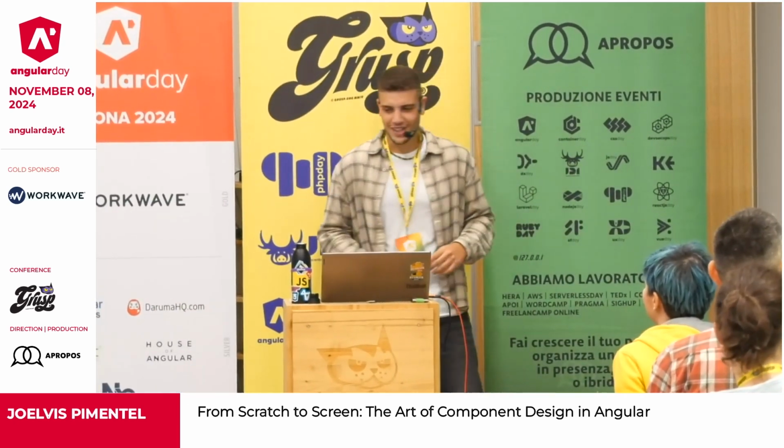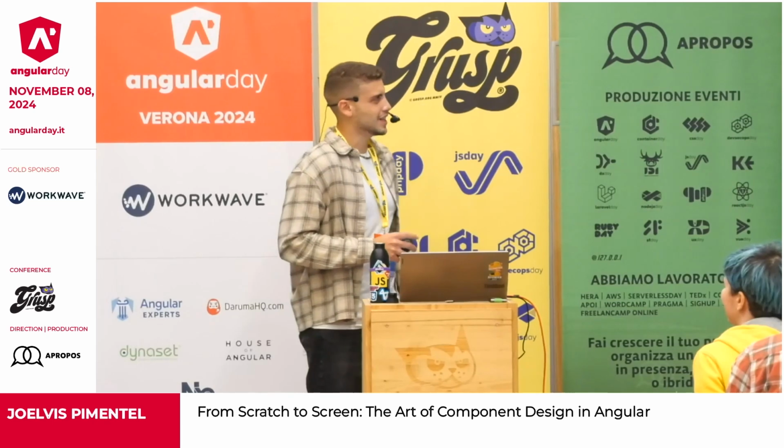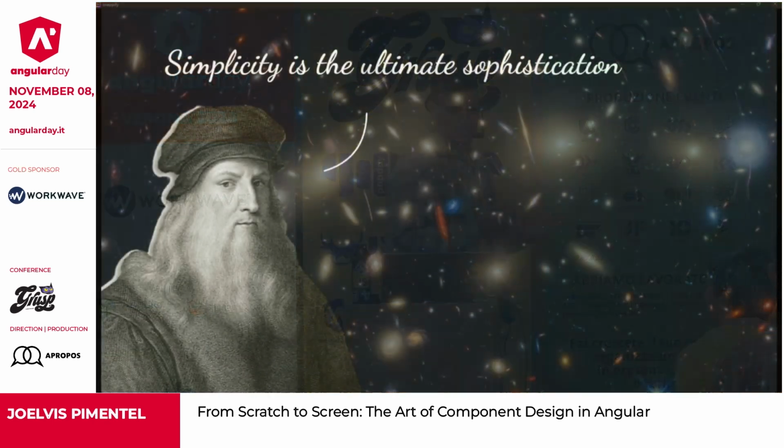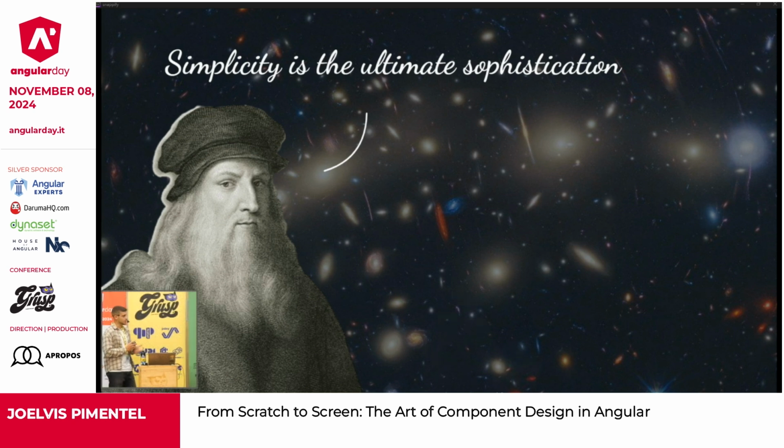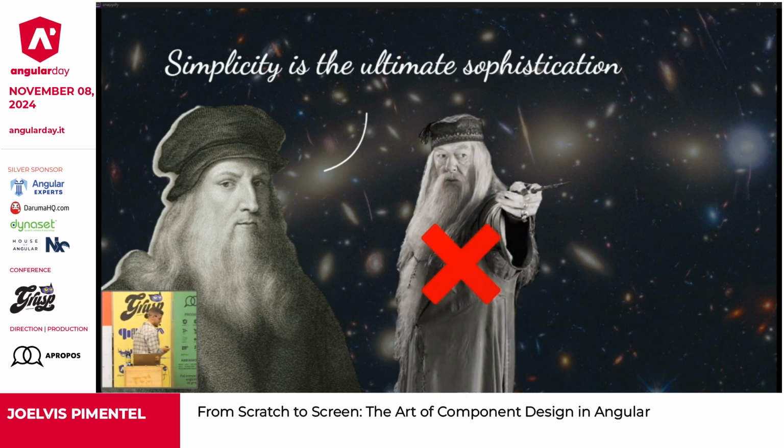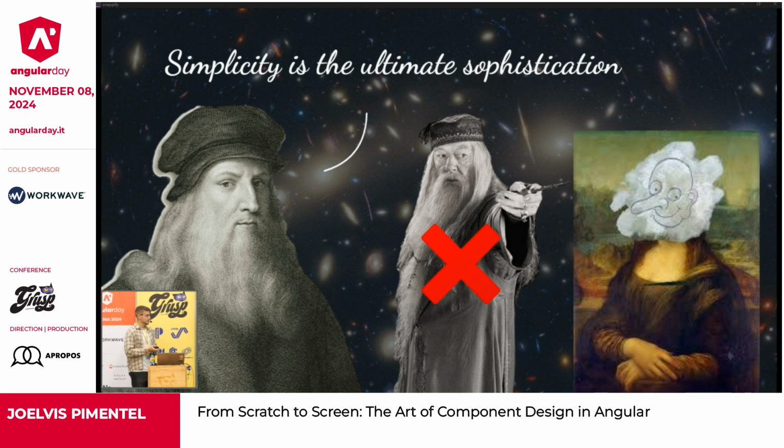So moving on. Also, this guy once said that simplicity is the ultimate sophistication. And for the ones of you who didn't know who this guy is, Leonardo da Vinci, and not to confuse it with this other guy. And he's also famous for a particular art, the Mona Lisa, that unfortunately got ruined some time ago.